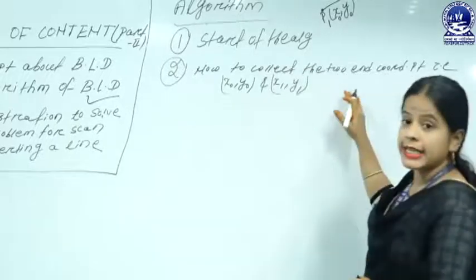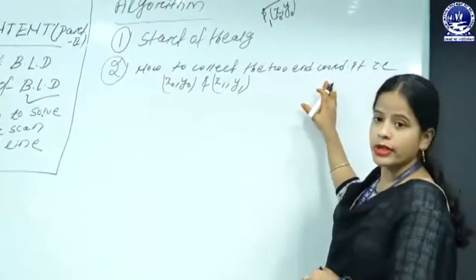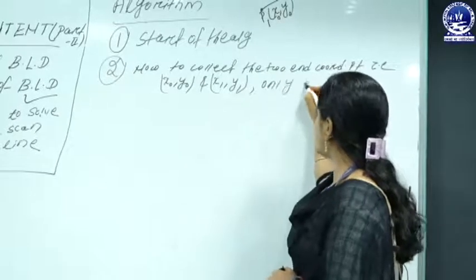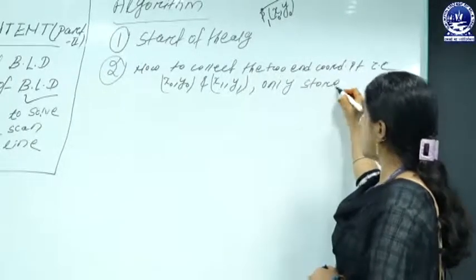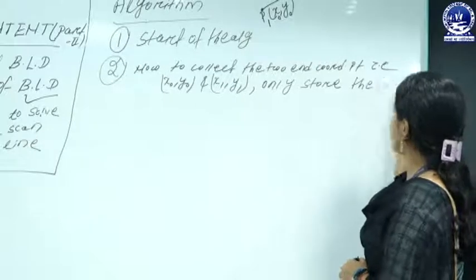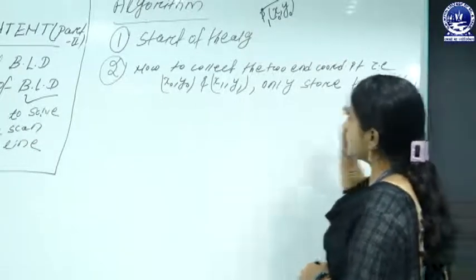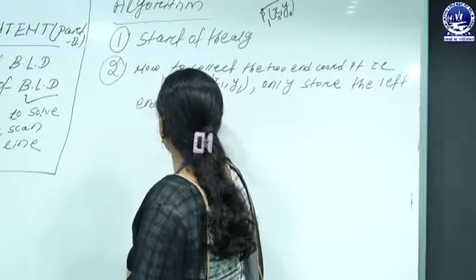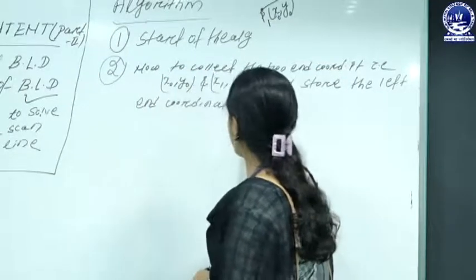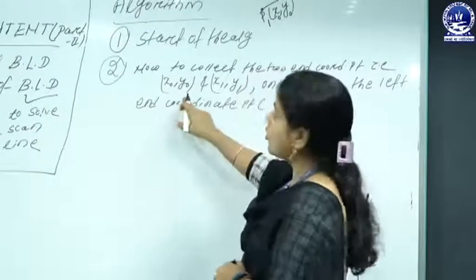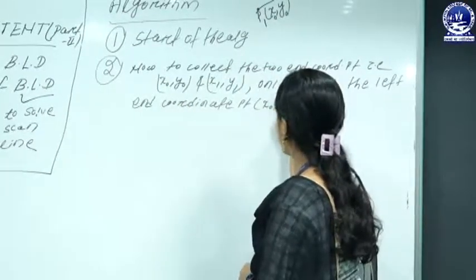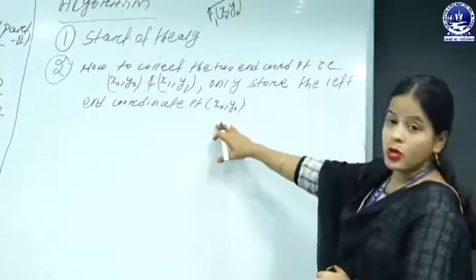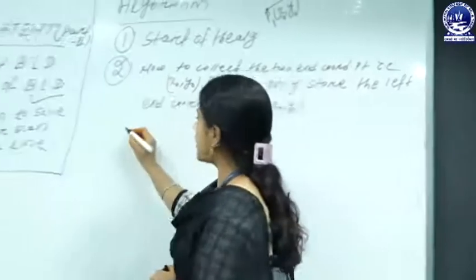But after collecting the two end coordinate points, it only stores the left end coordinate point, that is x0, y0. Okay.